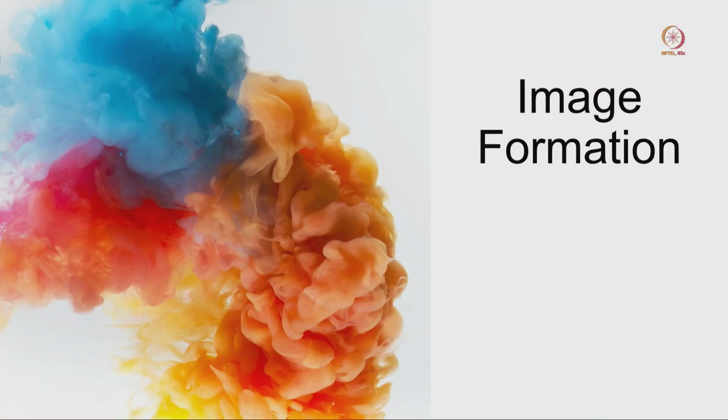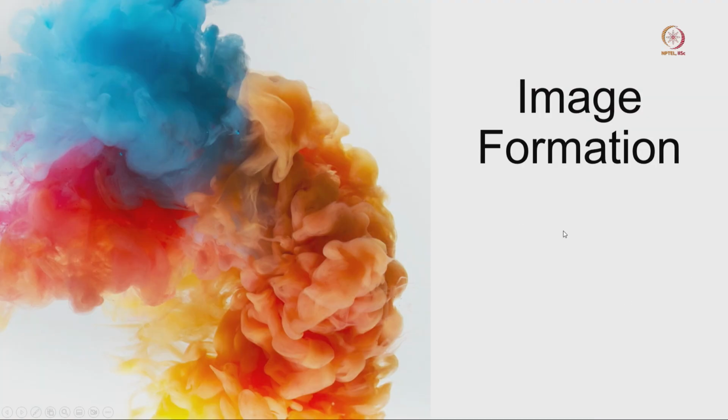I will just try to explain it in a very basic way. Mostly we will use the ray diagram, but we should have some basic knowledge of how image formation happens. So today's class will be image formation.